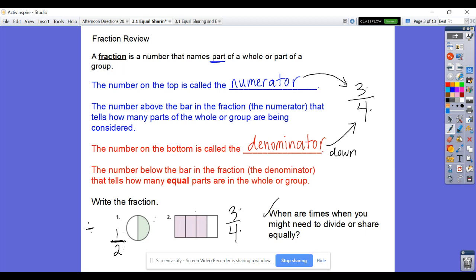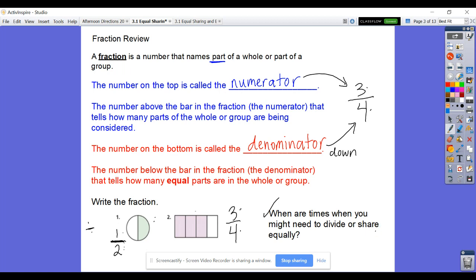Let's say you have a certain number of pieces of candy and you want to share them equally with your friends. That might be a time. Or maybe you're thinking of when you're reading a book and you know you have a certain amount of pages and you have a week to finish it. So you want to split it up to read an equal amount each day. How much would you need to read each day?